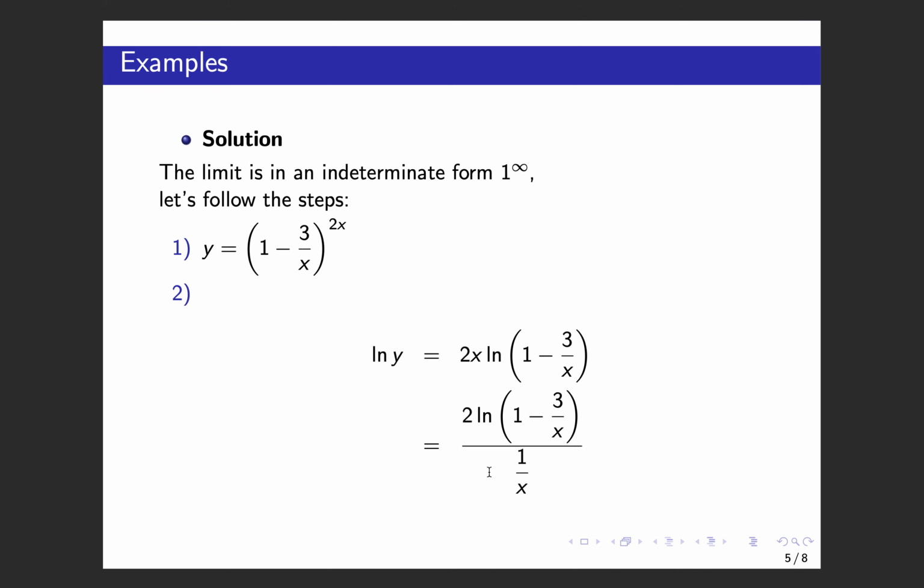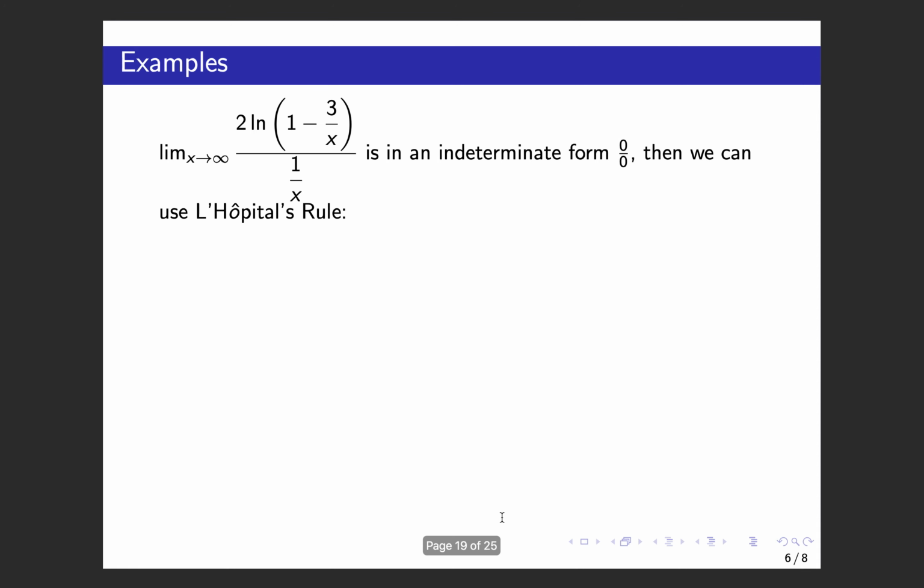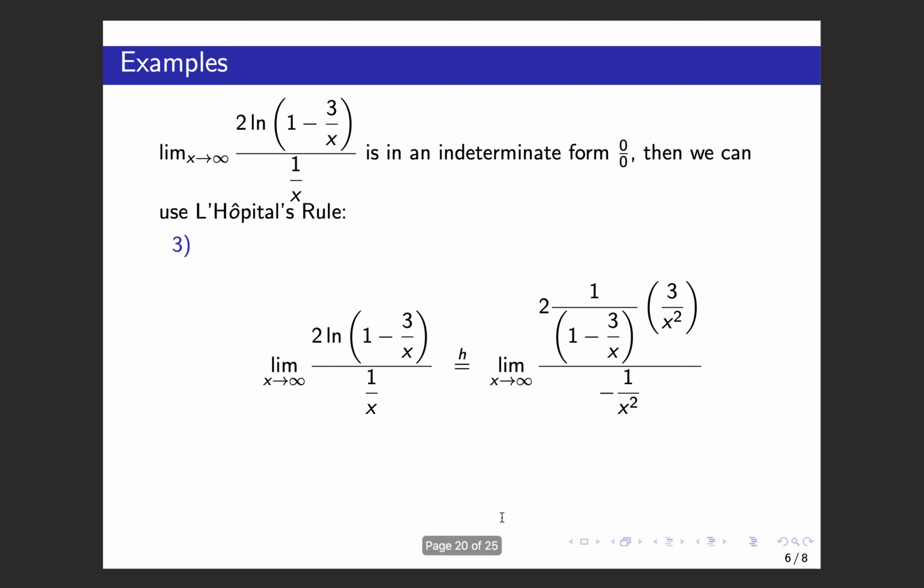So now when x goes to infinity, you see this function on the top goes to 0, and this one goes to 0. So you get an indeterminate form, 0 over 0. So we can use L'Hopital's rule. The limit of this function over this one, by L'Hopital, will be the derivative of this function by using the chain rule.